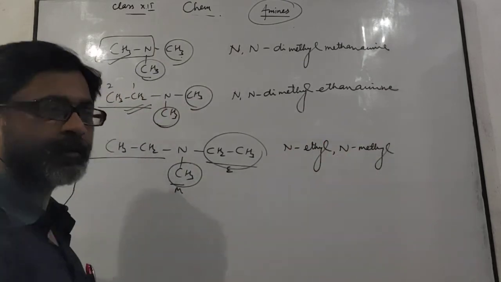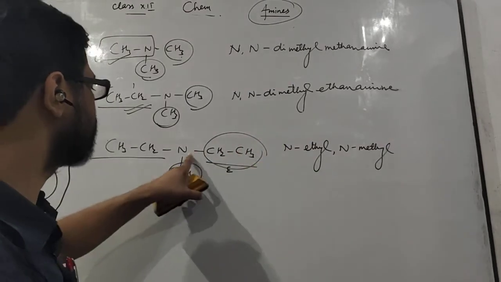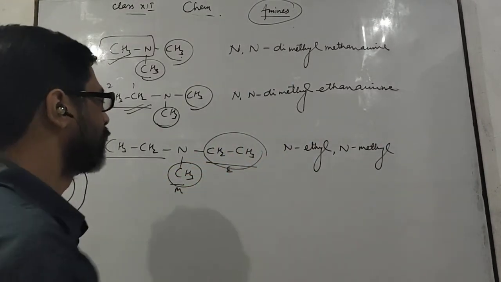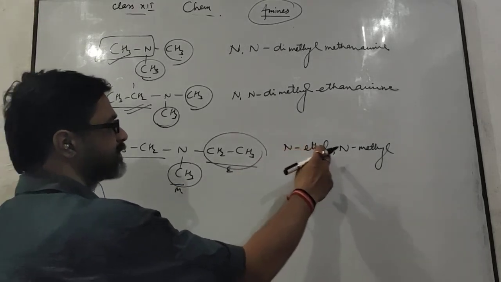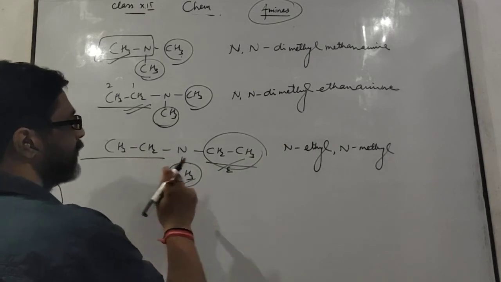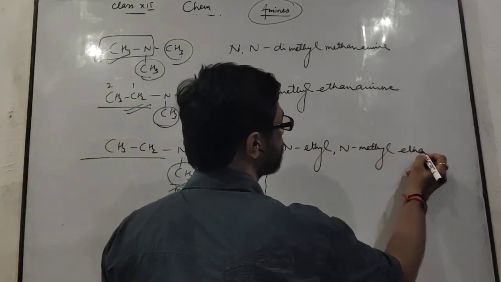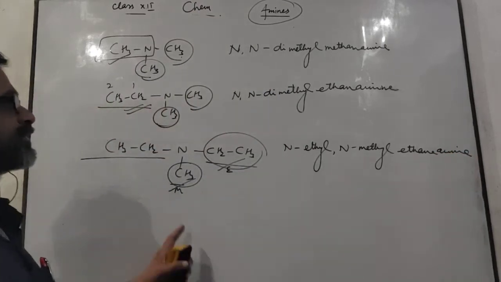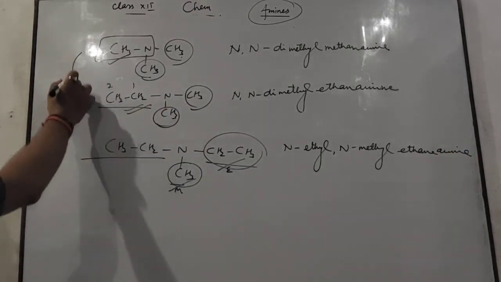N is written capital because N shows nitrogen atom. N-ethyl, ethyl you write first due to presence of E, alphabetical order. N-ethyl, N-methyl, they are written like this, and for these 2 carbon atoms you write ethane amine like this. This one is the naming of tertiary amines.